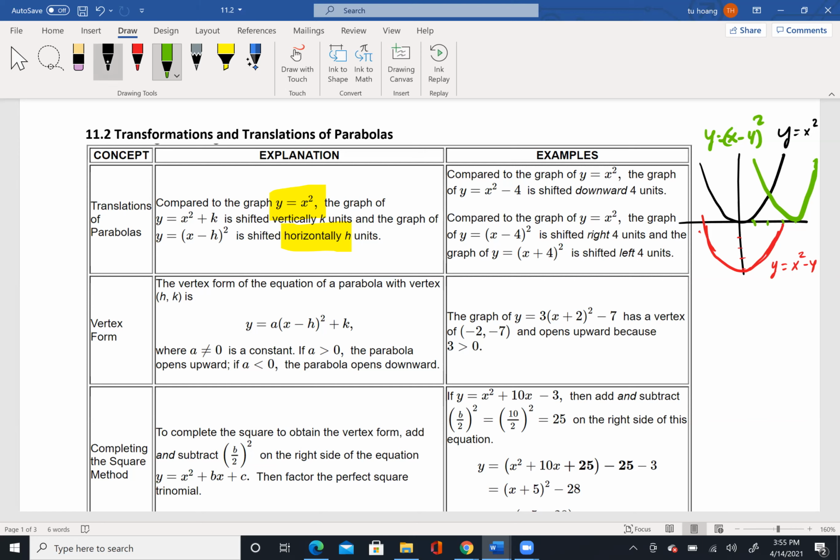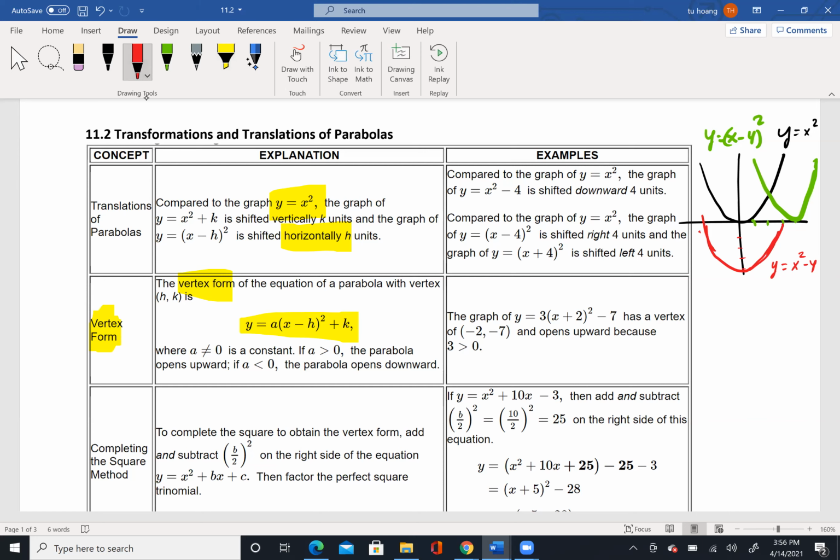Okay, so for the vertex form, we want to learn about the vertex form also. The vertex form of the equation of a parabola with vertex (h, k) is y equals a times x minus h, squared, and then plus k.